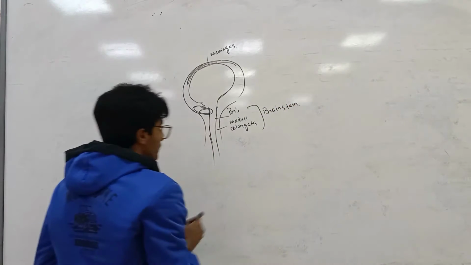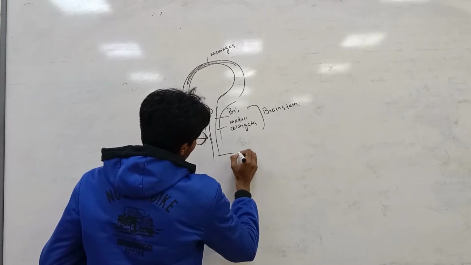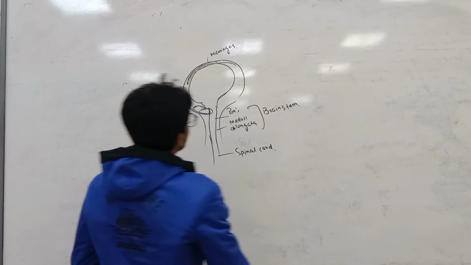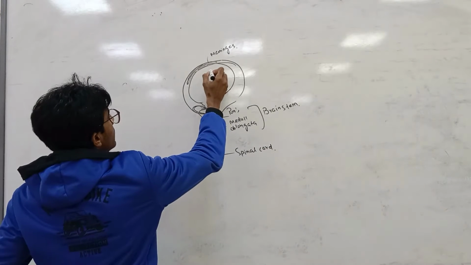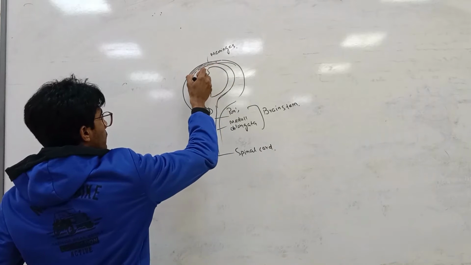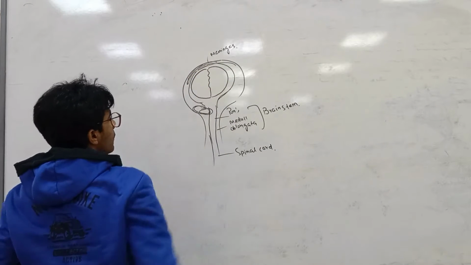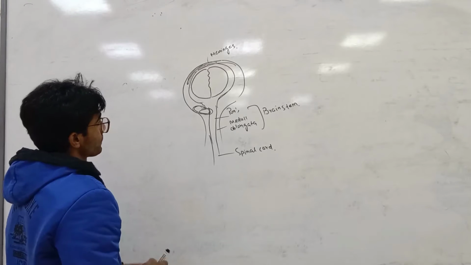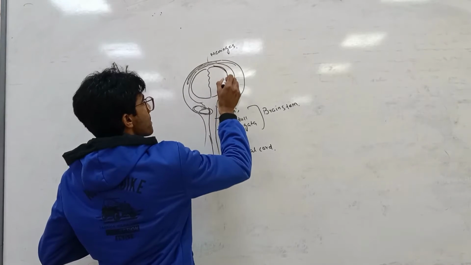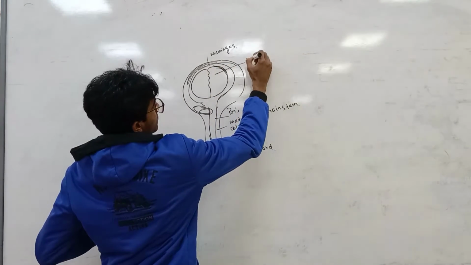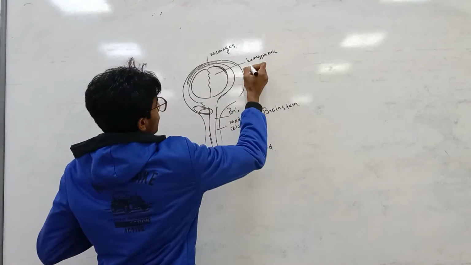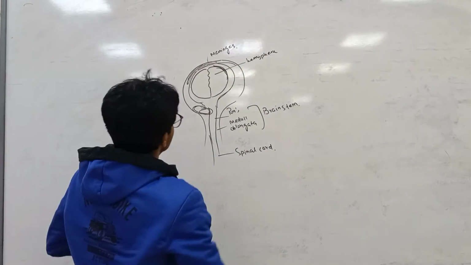These structures are known as the brainstem. After that, the spinal cord. Here, two hemispheres, which is the cerebral area, guys.